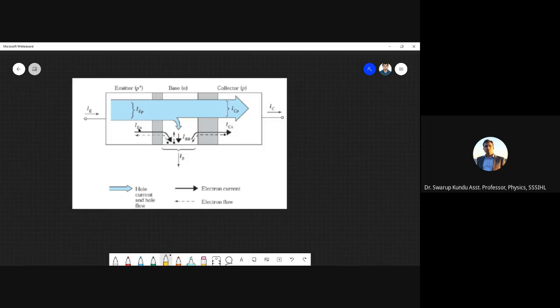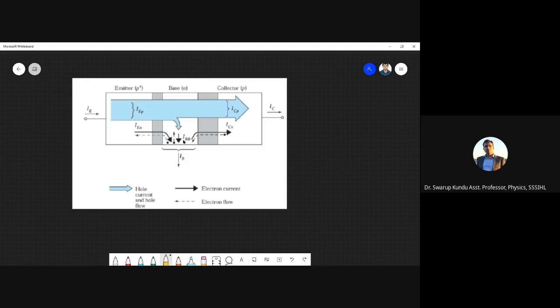So it's an emitter current, IE, carried by electrons. So the N suffix is for electron. Similarly, IEP is the emitter current carried by the holes. So IEP, P stands for hole, right? So we all know this nomenclature.